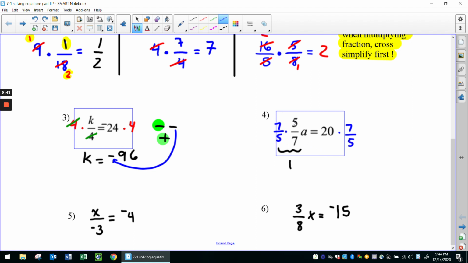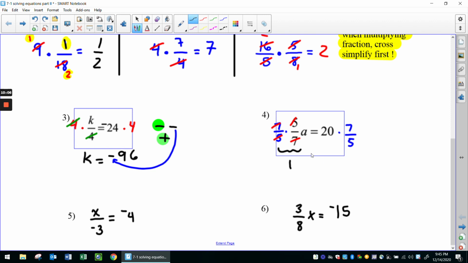So I would circle these if at all possible so you know what you're doing here. The sevens cancel out diagonally, and the 5s diagonally cancel out. Of course, that's 1, and we already established that, because they were reciprocals of each other.